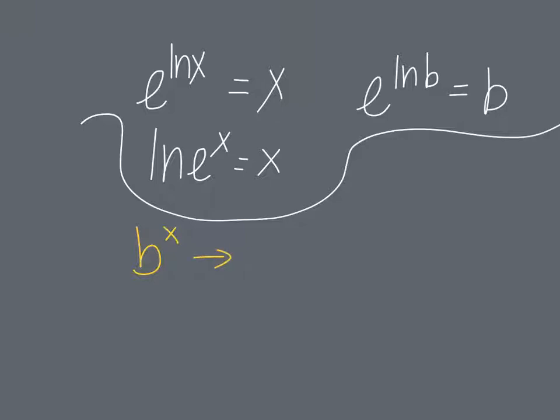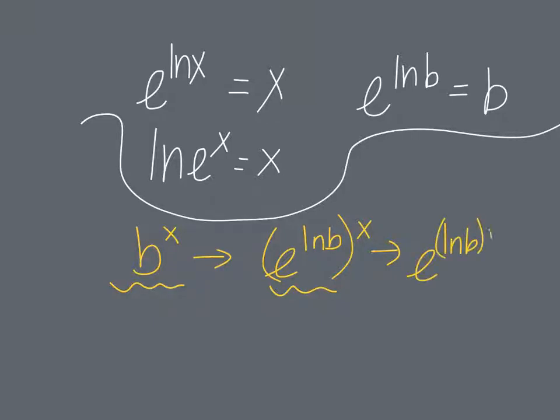So b to the x is going to be the same thing as e to the natural log of b, because remember that's the same thing as b, all raised to the x power. So this is the same thing as this, and I'm going to rewrite that like this.